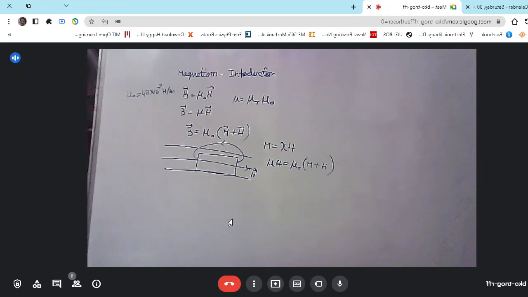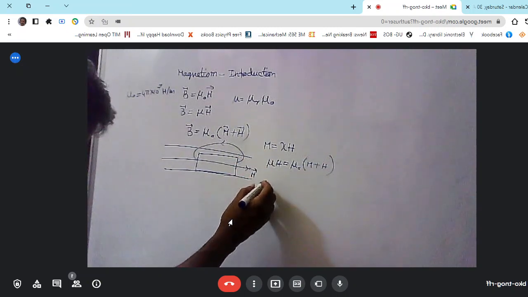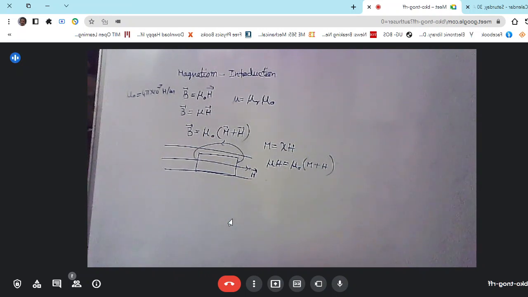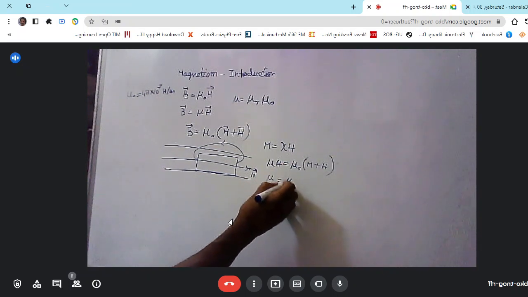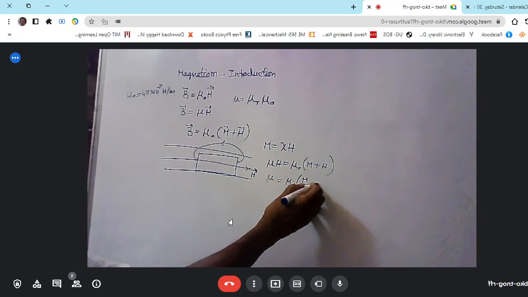Now if I divide M by H, then what we will get? Here we are dividing the whole expression by H. So mu equals mu naught into M by H plus 1.